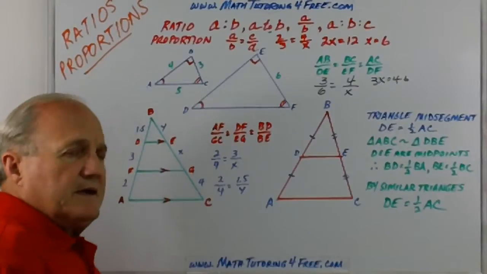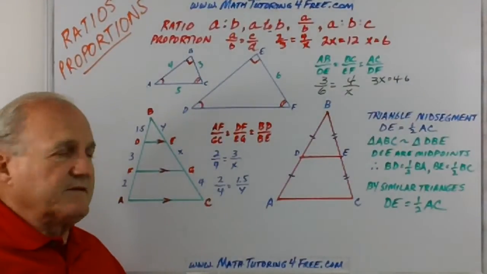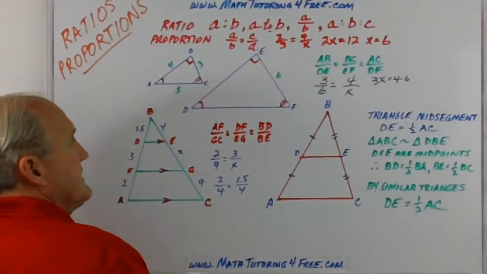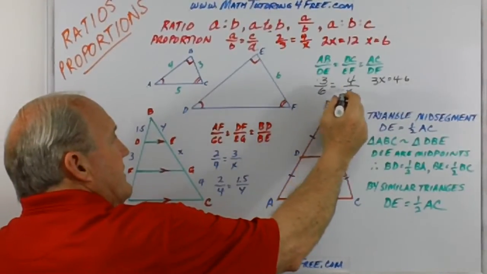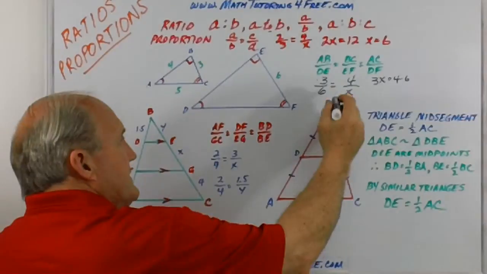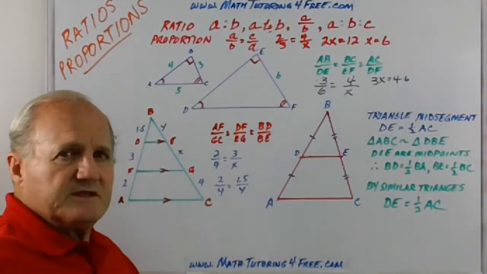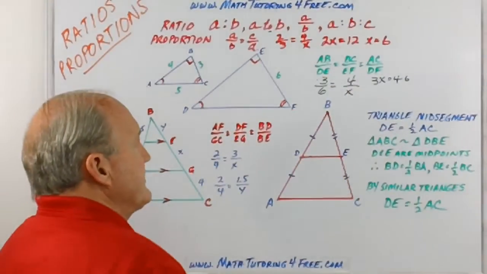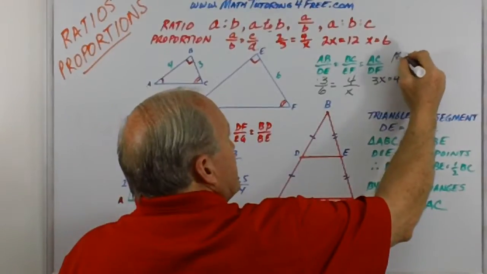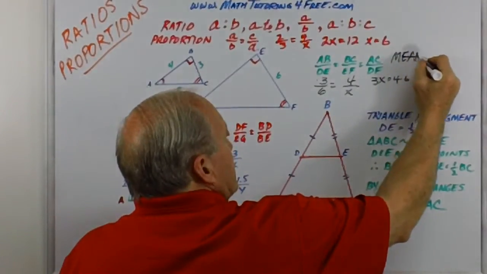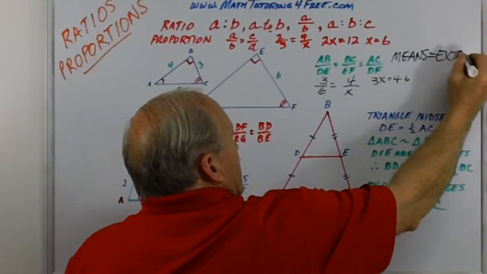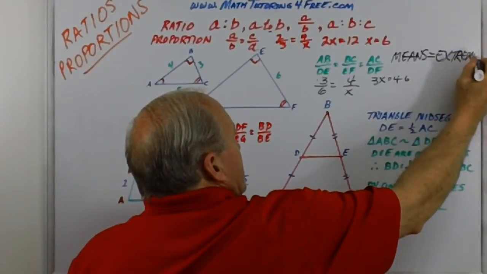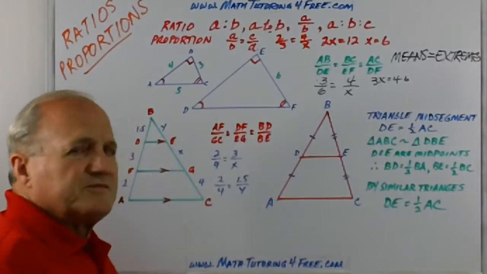Another way to think of this is that the numbers on the outside are called the extremes, and the ones in the middle are called the means. You'll often hear the term "the product of the means equals the product of the extremes," and all this is cross multiplying.